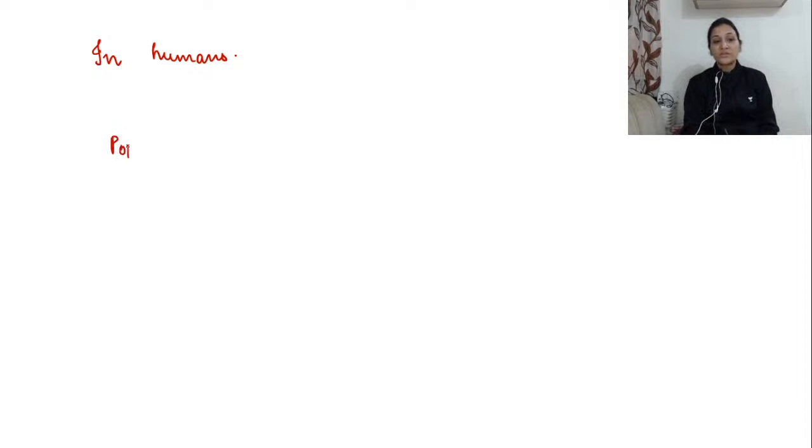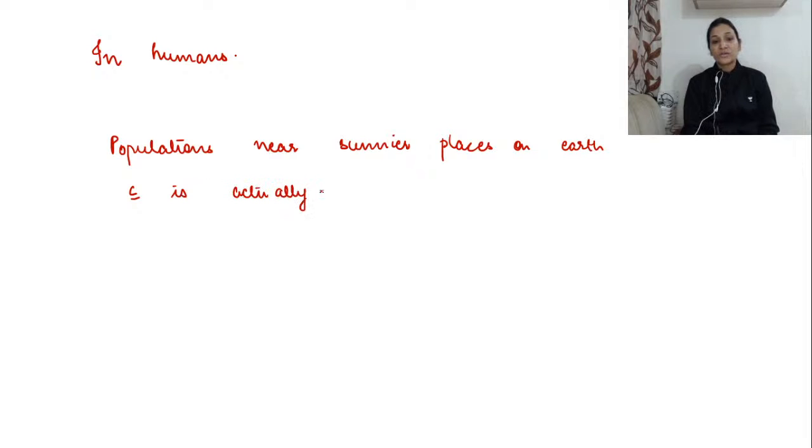So populations near sunnier places on earth, which are actually close to the equator, tend to have dark skin.